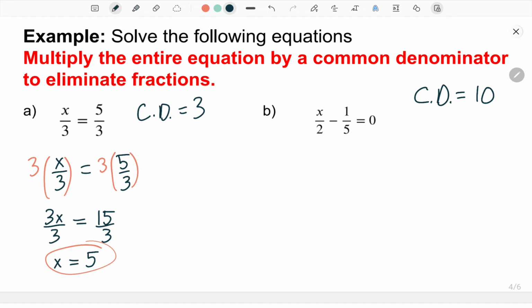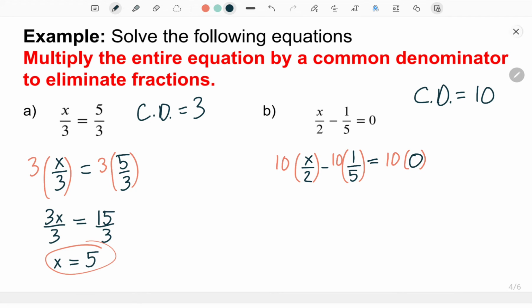If we're multiplying an equation, we need to multiply all the parts. So I'll write out the parts, just the initial parts. And then let's indicate the multiplication. So you have 10 times x over 2, so I'm just using brackets for multiplication here. And well, technically speaking, you'd also have 10 times 0 on the right-hand side.